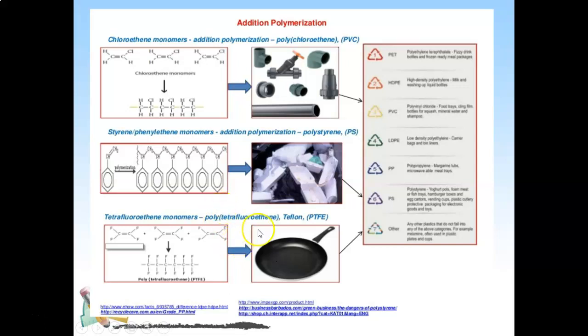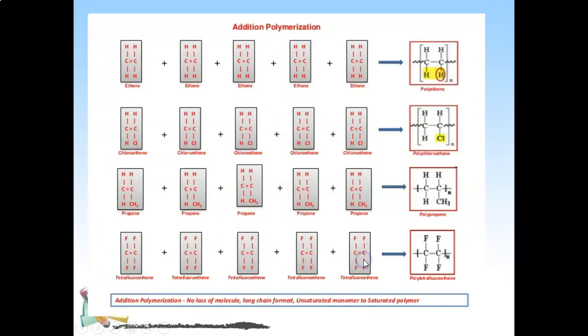So here are some examples of other monomers. This one is the illustration for the addition polymerization of polyethylene, polyvinyl chloride, PP, and PTFE.